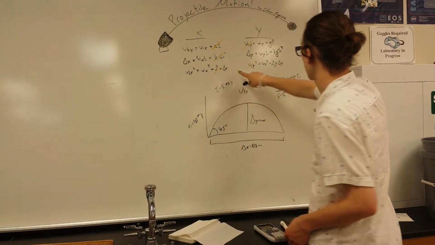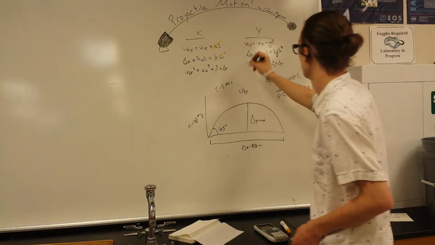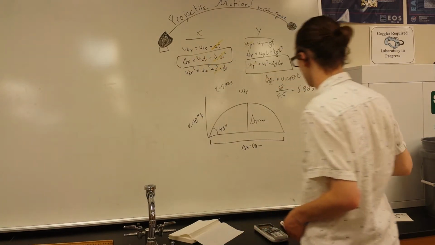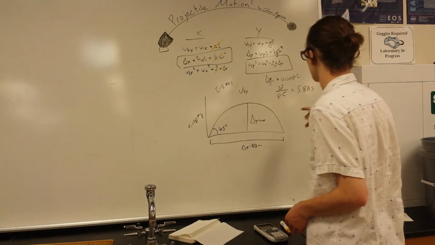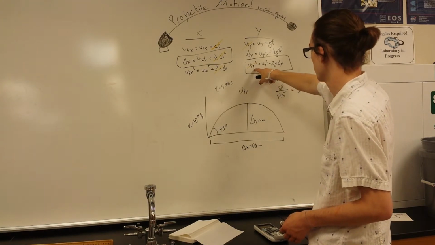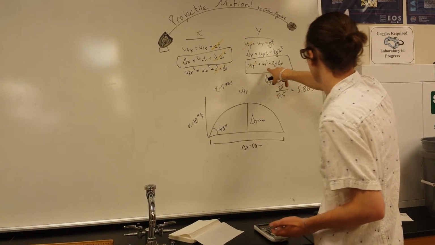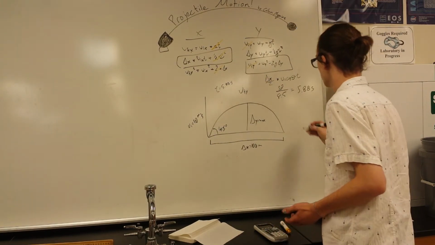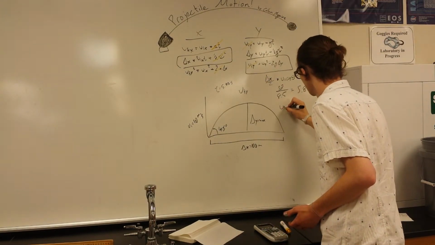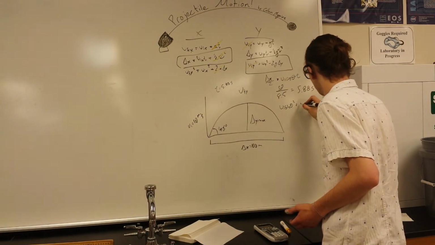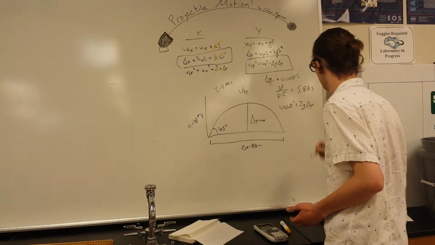So you apply that to the third orange equation, the one we're using this time, to find delta y max. So v final y equals 0. You can take v initial y squared equals 2g delta y. V initial sine theta squared equals 2g delta y.